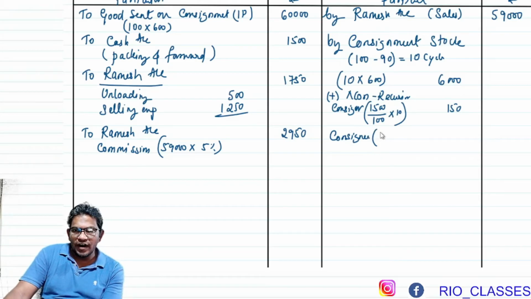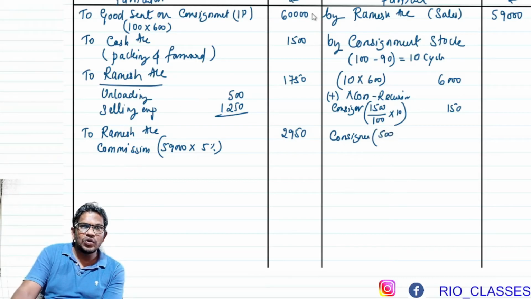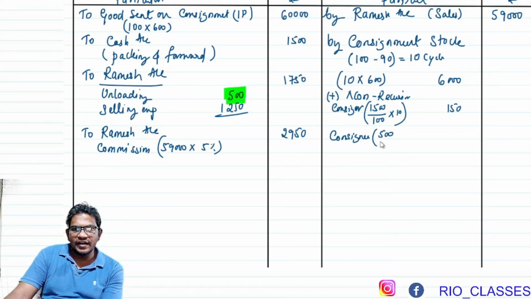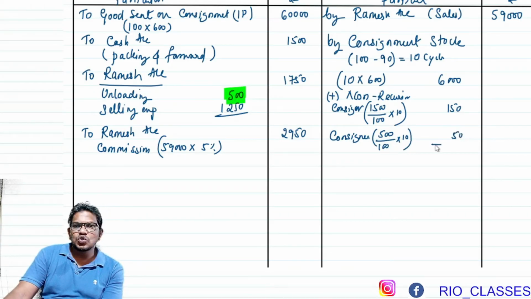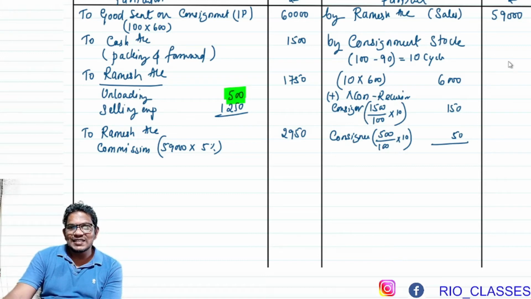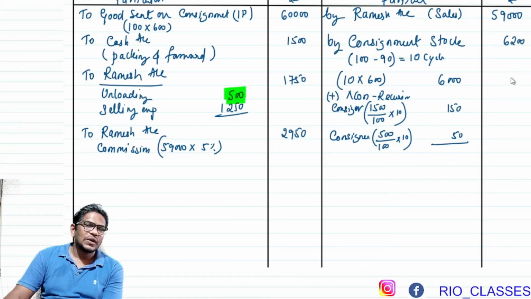Consignee: you should take only 500 because it is the only non-recurring expenditure. 500 for 100, so for 10 it will be 50. Always remember, whenever you calculate the closing stock, add the non-recurring expenses of the consignor and the consignee. Total 6,200.